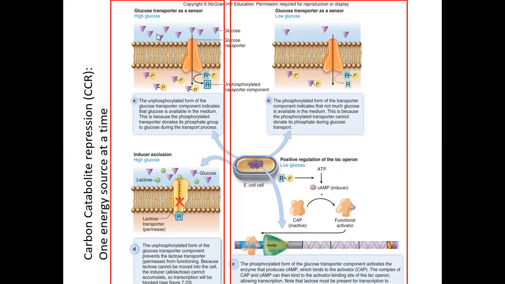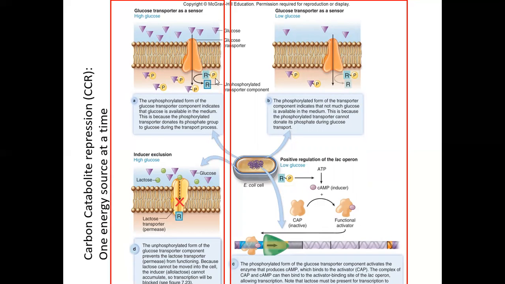Some main pictures from this. Glucose transporter is a signal, so if there's high glucose, it'll get transported into the cell, and the unphosphorylated form of the glucose transporter indicates that glucose is still available. Because this transporter is bringing in glucose and it's phosphorylating glucose.